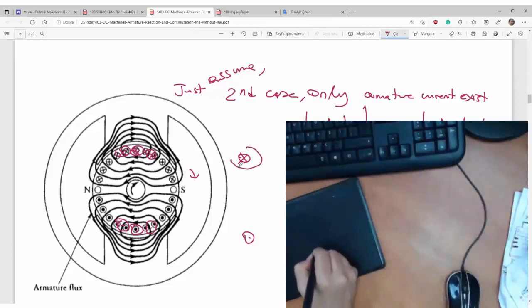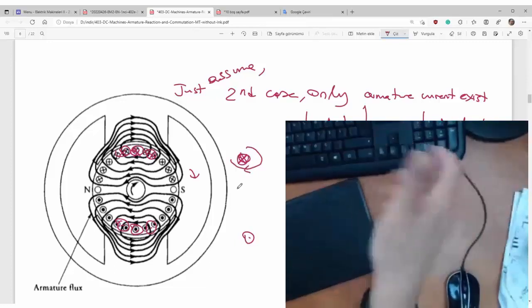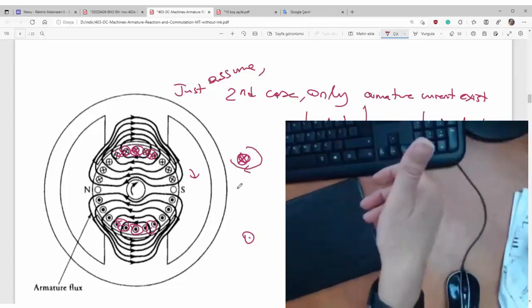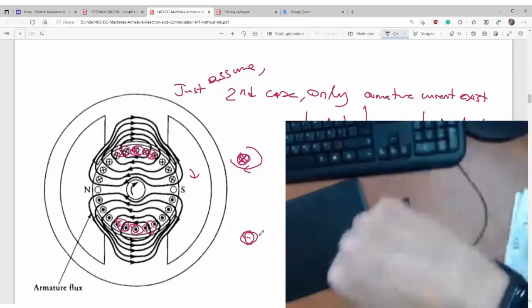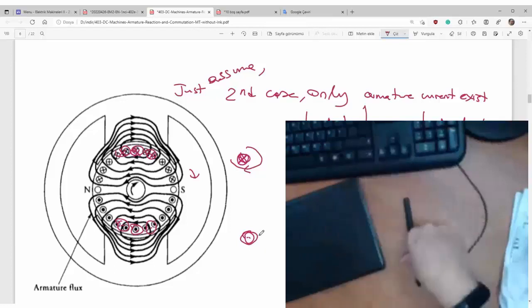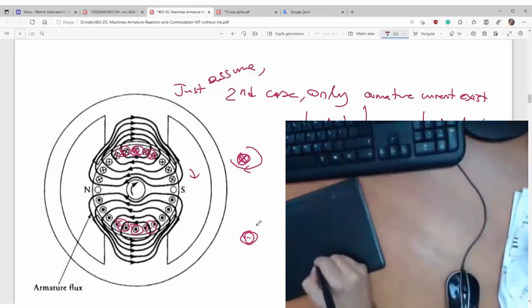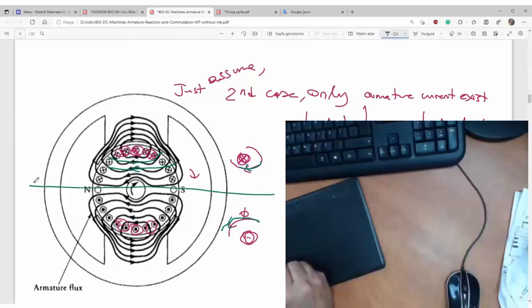That is the magnetic field direction. Due to such a current flow, there is some magnetic field. And the bottom one, this one, current towards me and magnetic field in a counterclockwise direction. That is the magnetic field flux. It is something like that. It is purely on the quadrature axis.